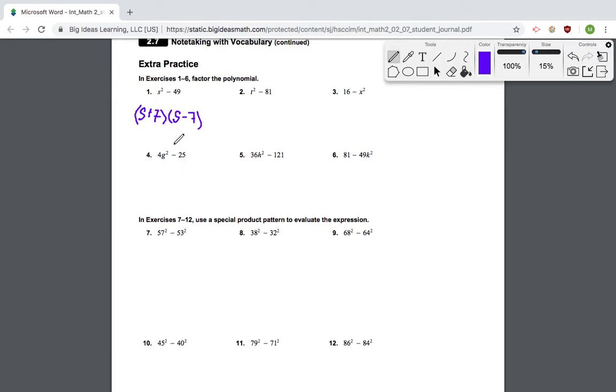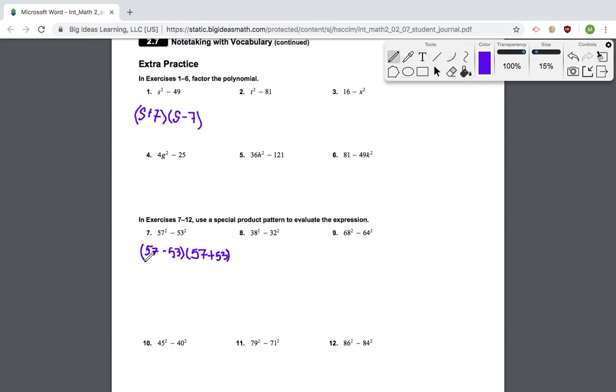So again, the square root of 57 squared is 57, and the square root of 53 squared is just 53. And so it is fair for me to factor it as such.